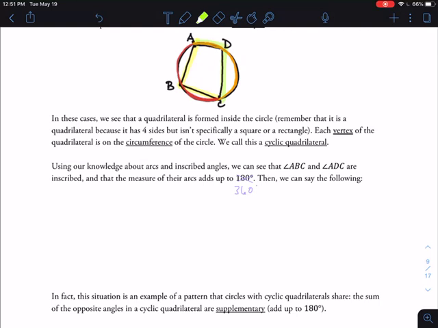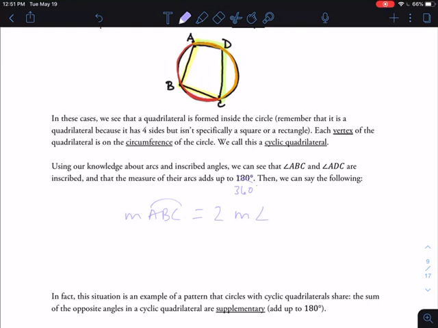Knowing that, we are going to talk a little bit here quickly about what that means for the angles inside the quadrilateral, pardon me. So we know that the measure of arc ABC, keep note of the signs here, I'm talking about the arc ABC, not the angle, the arc, is equal to 2 times the measure of angle ADC.